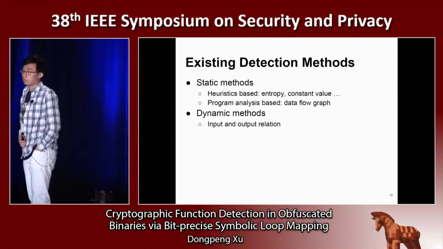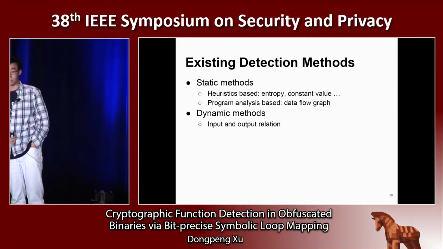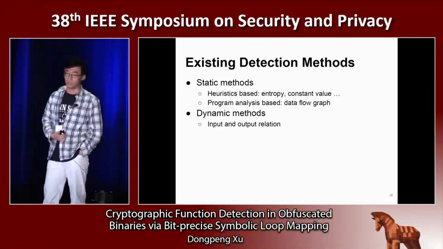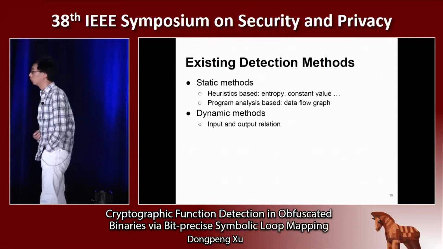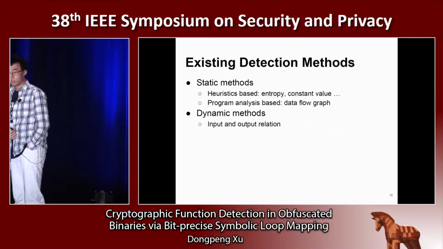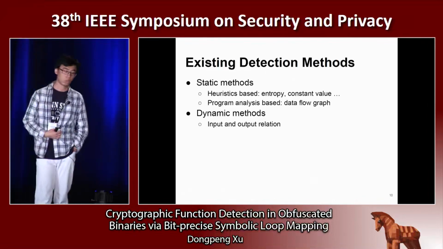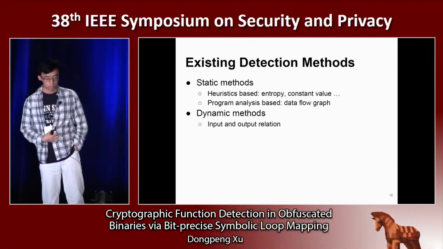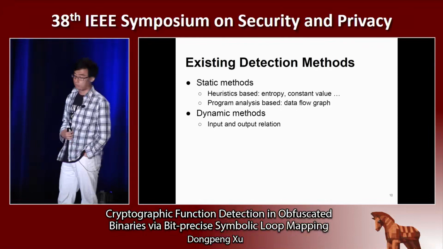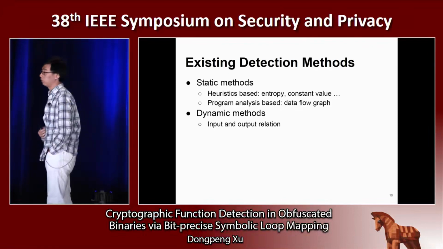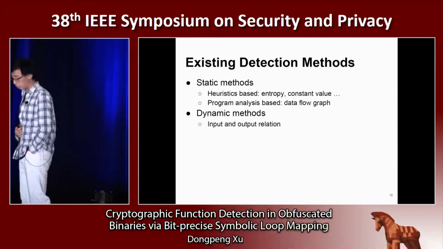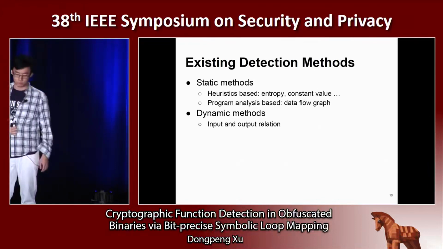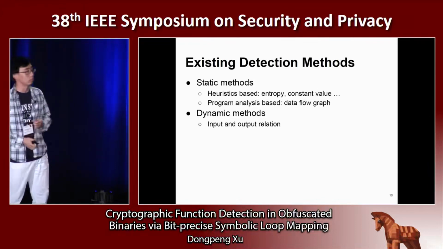They detect crypto functions by using heuristics like entropy and magic constant values. Another group of static methods is program analysis based. They use signatures like data flow graphs to identify the crypto functions. On the other hand, most dynamic methods rely on identifying the input and output relations.